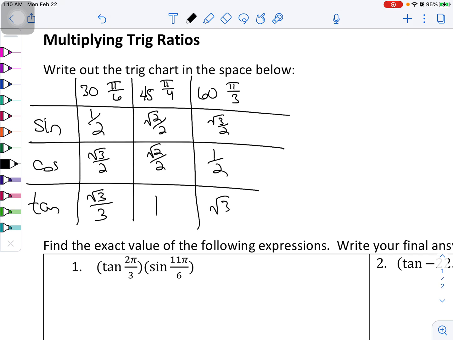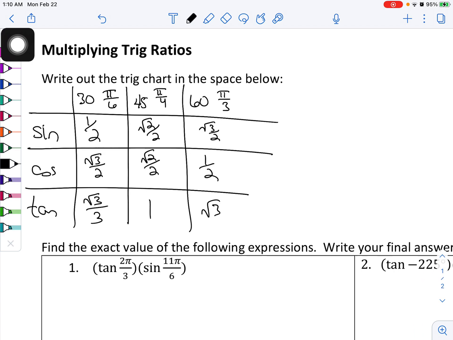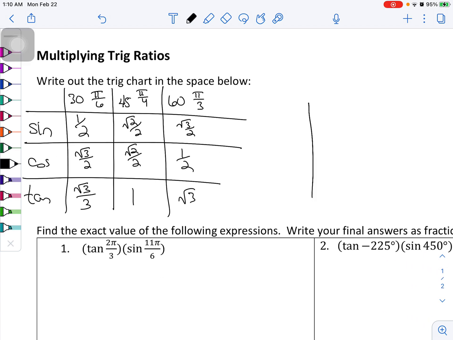Now, of course, I'm going to double check my work here because my ability to talk and write is a little shaky sometimes. All the denominators for the first two lines are 2's: 1, 2, 3, 3, 2, 1, root 3 over 3, 1, and root 3. Okay, so that part's good. Now I always take a second and fill in the ASTC part.